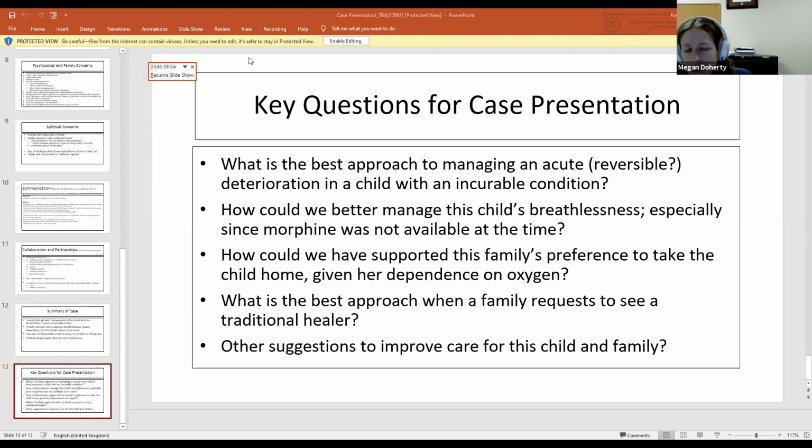And I have a suggestion. What we have said a lot, and it's a very general thing, doesn't apply so much to this patient, is we always tell them yes, you can go, because they sometimes ask, can we go see the traditional healer? More for outpatients, for children we are following regularly for cancer treatment or symptom treatment. If they say, can we go, we say, yes, you can definitely go.